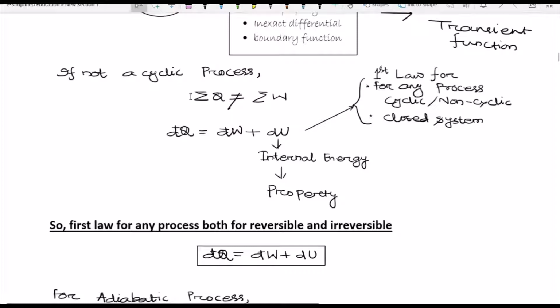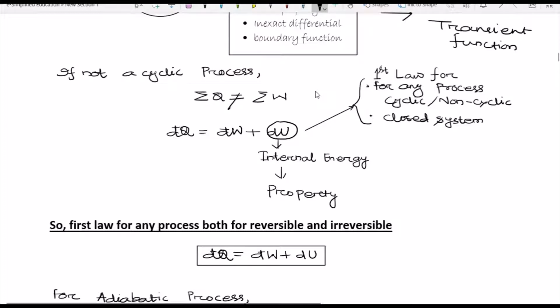Next, coming to a non-cyclic process. For a cyclic process, the first law of thermodynamics we have defined as summation of Q equal to summation of W. But if it is not a cyclic process, then what will happen? Summation of Q will not be equal to summation of W. That means there is something extra. If added to the work transfer, it will be equivalent to the heat transfer. So dQ equal to dW plus dU, where dU we define as an extra quantity that has to be added to the work transfer to make it equivalent to the heat transfer.